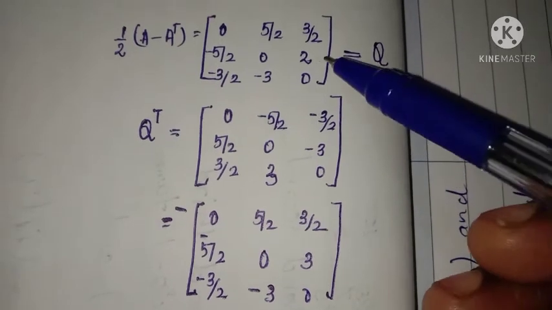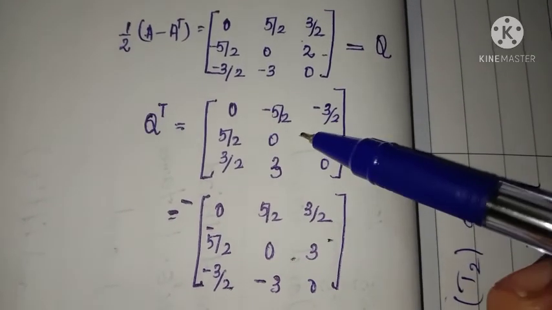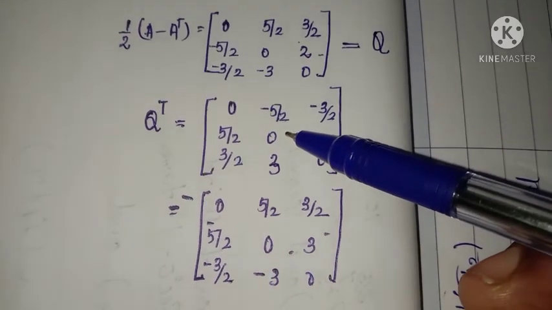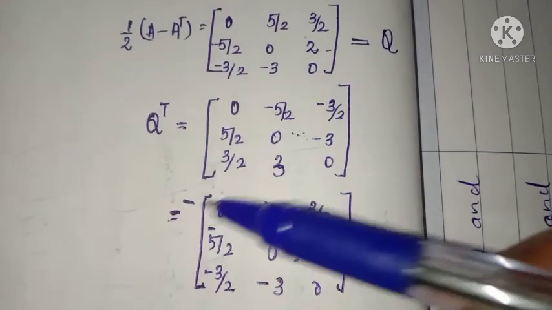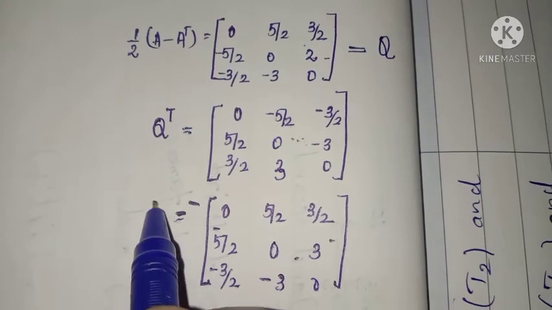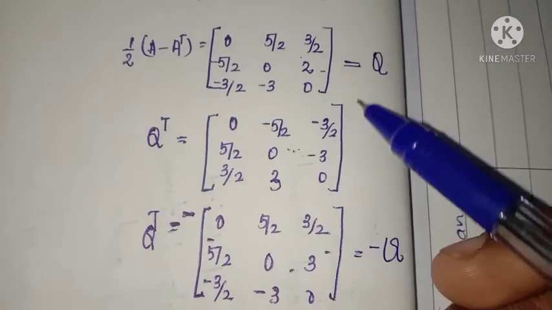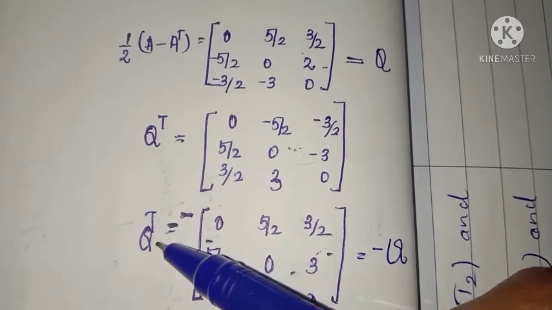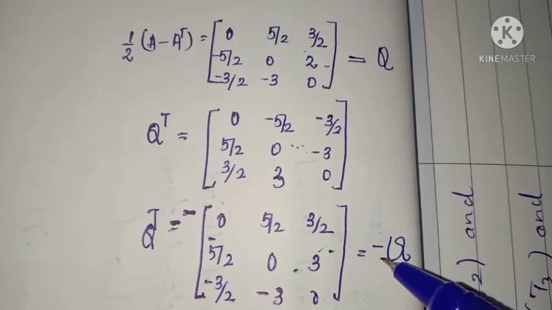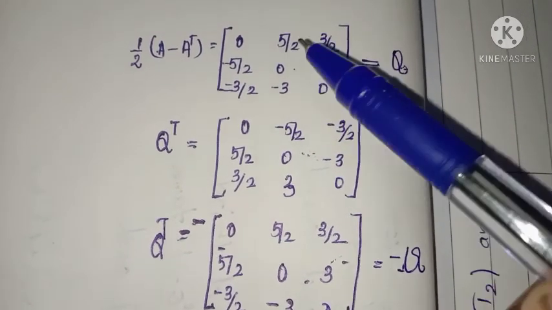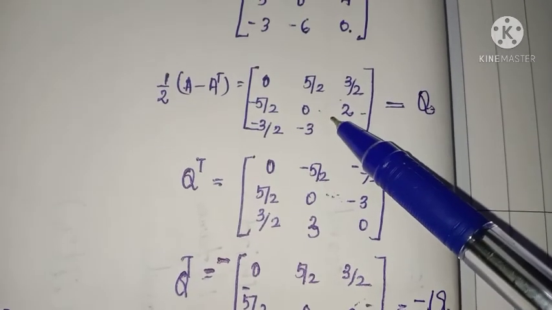Now look at these two matrices. When we take the negative sign out of this matrix, Q transpose is same as minus of the matrix Q, isn't it? So Q transpose equal to minus Q means Q is a skew symmetric matrix.